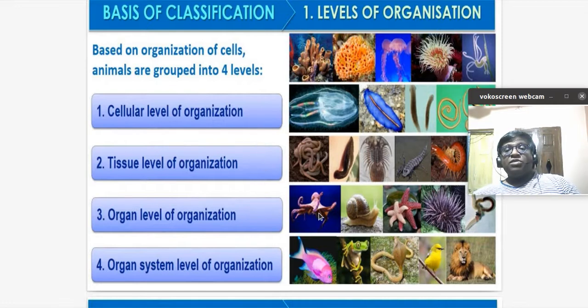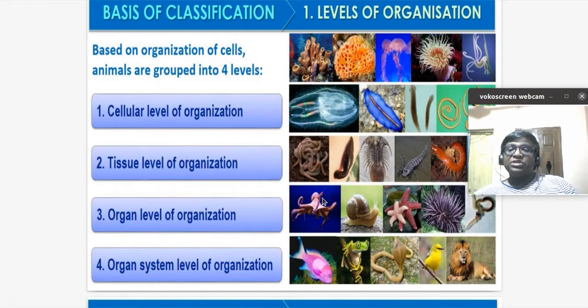The organ level of organization, you notice in phylum Platyhelminthes or flatworms. The Aschelminthes or roundworms exhibit the organ system level of organization. Even chordates exhibit this organ system level of organization. Even we human beings have this organ system level of organization.